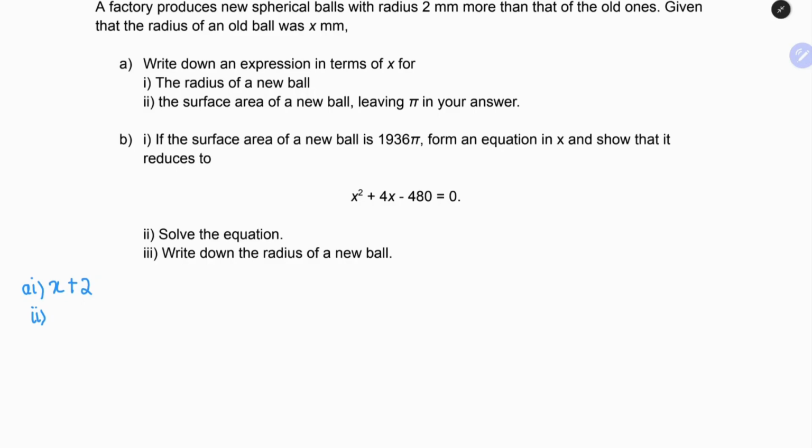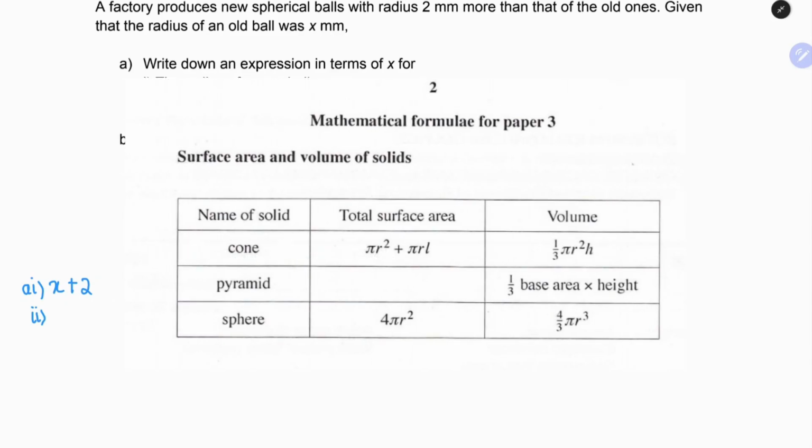So what it's basically asking for is the surface area of a sphere. Luckily, you don't even need to cram the formula for the surface area of a sphere. I'll insert a picture here momentarily to show you the formula sheet, which shows the surface area is 4 pi r squared.